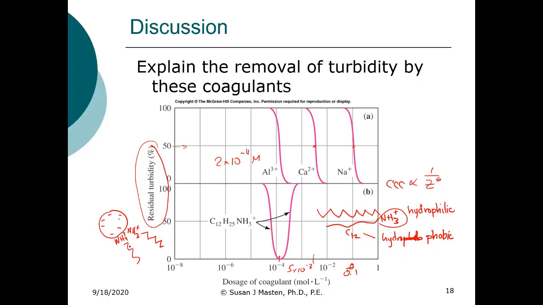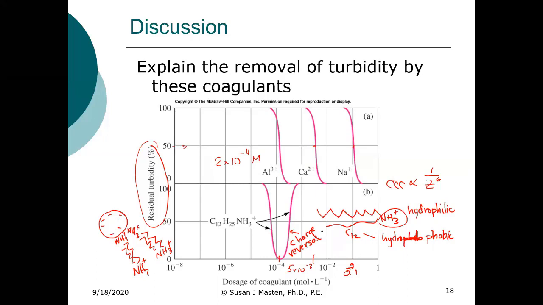The problem is these hydrophobic ends tend to want to interact with each other, so if you add too much of it, then notice here, and this is not to scale, you end up with a positively charged particle. What you see here is what we call charge reversal.